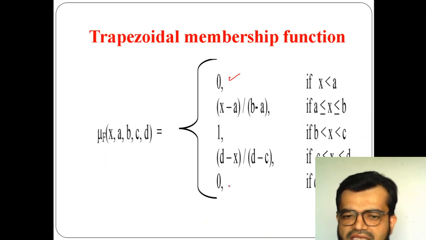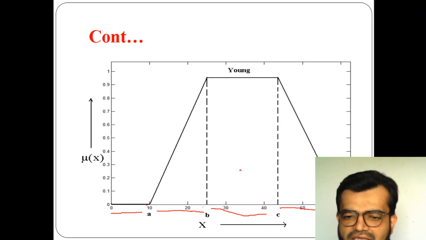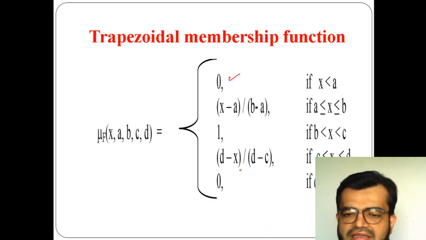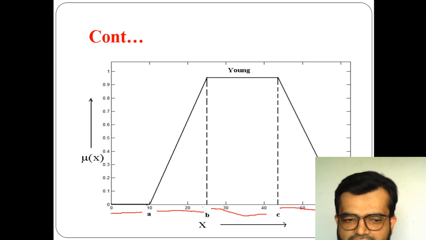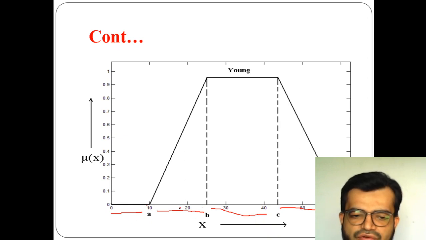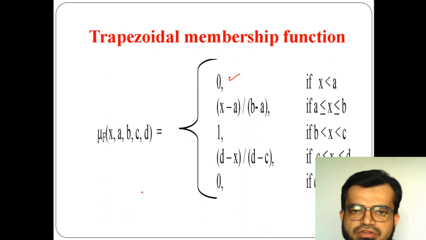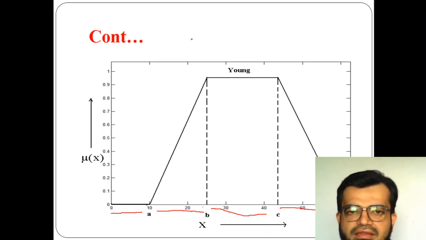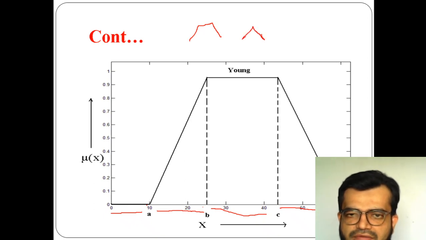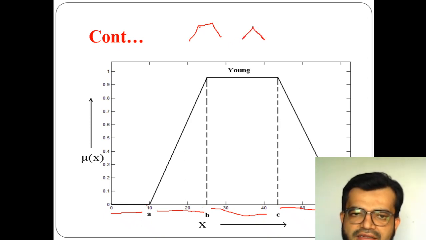And C to D, the same formula we used for triangular has to be implemented. Finally D is less than X. So there are 5 here: 1, 2, 3, 4, 5. Trapezoidal means it will be in this form, while triangular means a sharp point will come. That's the difference. You get this slant because the value from here to here is 1.